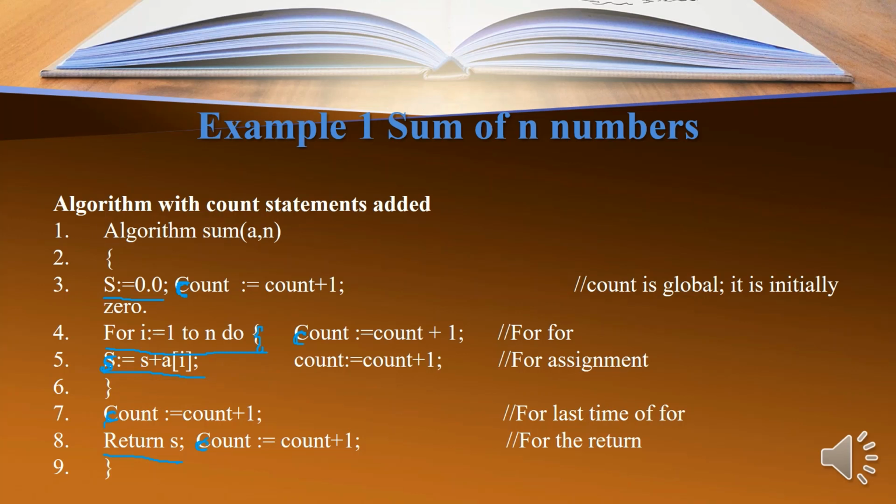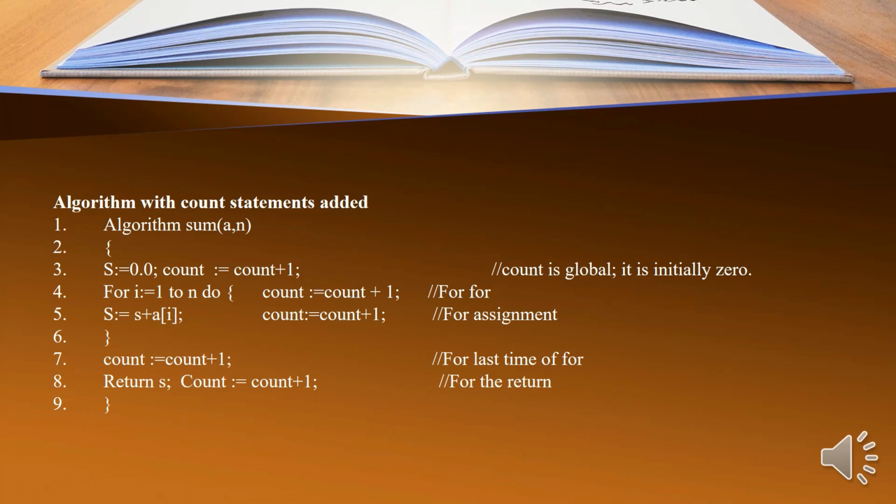Now let's see the simplified version of this program. Now we will try to simplify this algorithm. So how many times is count executed? You can see here there are 2 blocks in the algorithm: this inside block and the outside block.